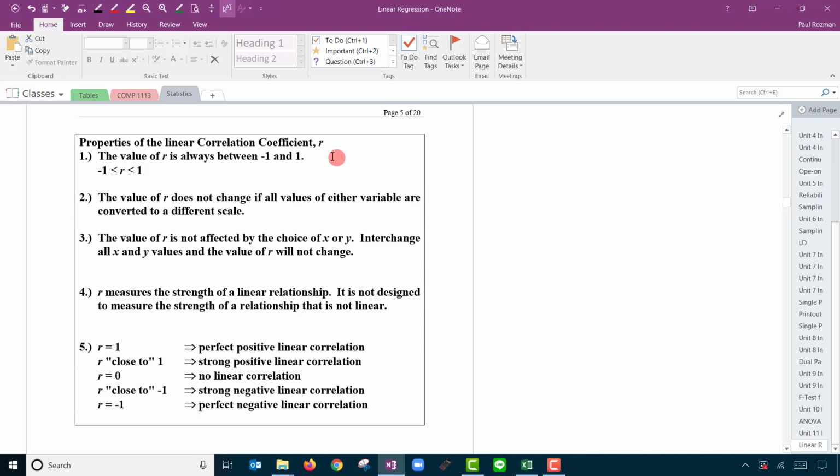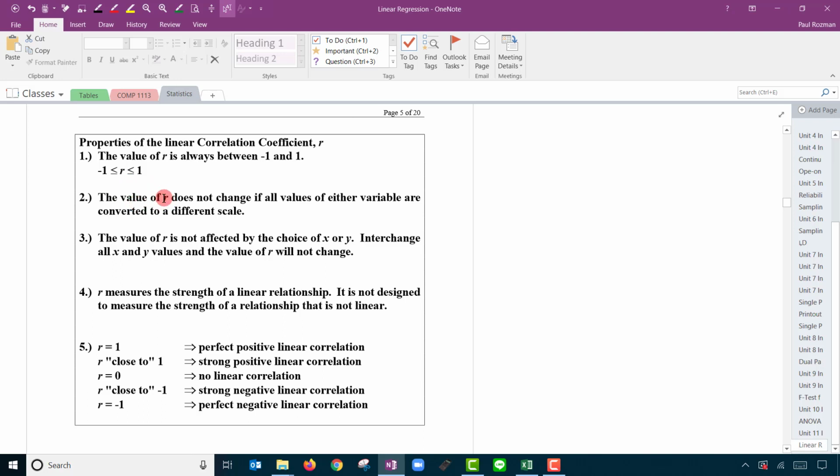How do we interpret this correlation coefficient? Well, it's always a number between -1 and 1. Close to 0 means bad or not very well correlated, but close to 1 or -1 means that it's a strong correlation.